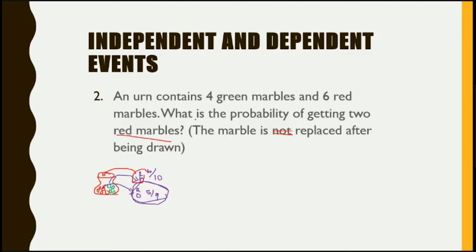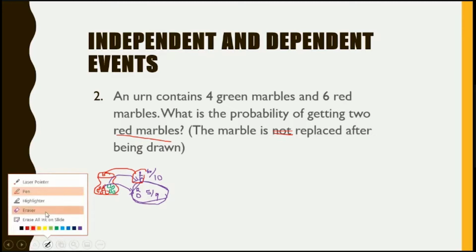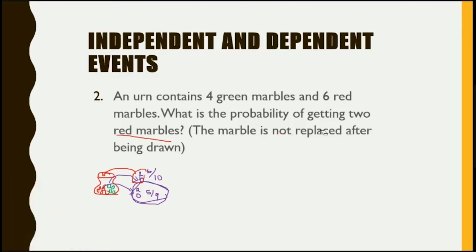Here, in this problem, since the marble is not replaced or placed back in the urn, the probability of the marbles inside the urn is affected by the first draw. Okay, so these are dependent events.